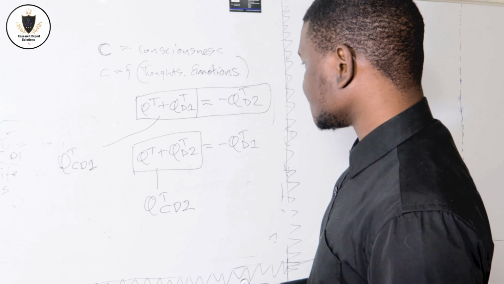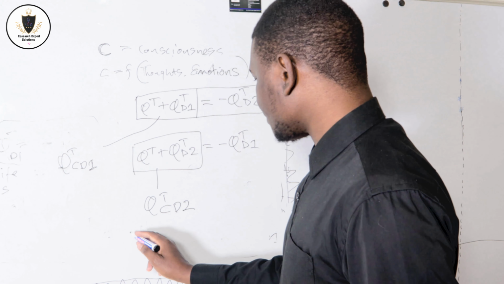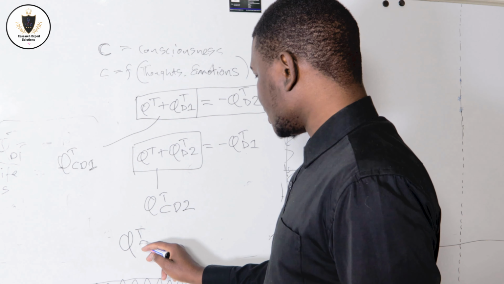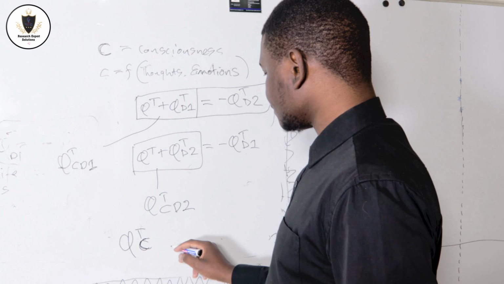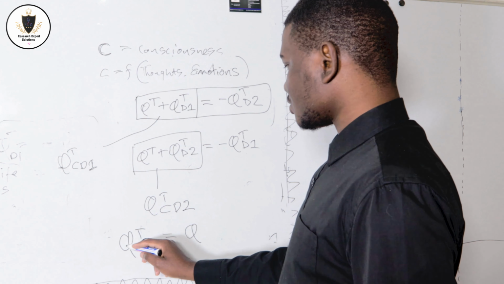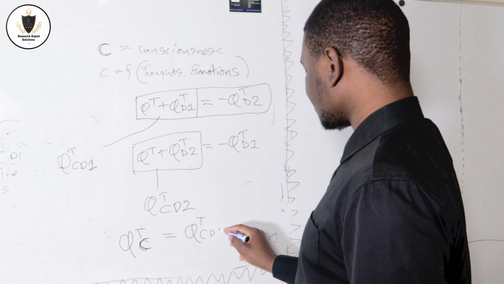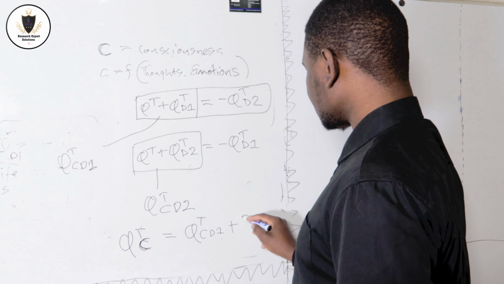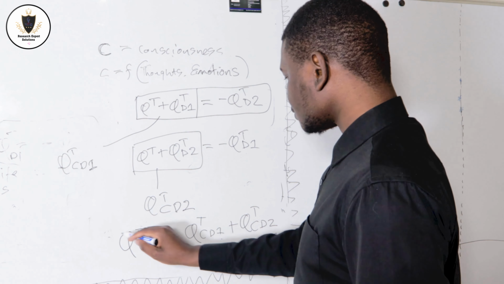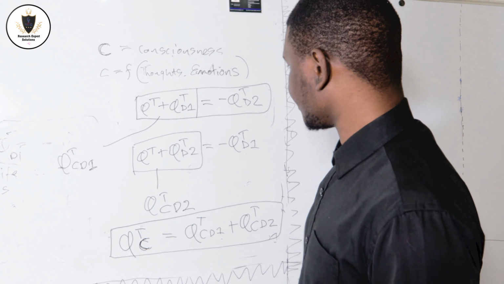So if we come up with a general formula for composite thought, we say C, meaning composite thought, a composite thought can take the form of a descriptive thought 1 plus the form of descriptive thought 2. Okay? This is what we have.